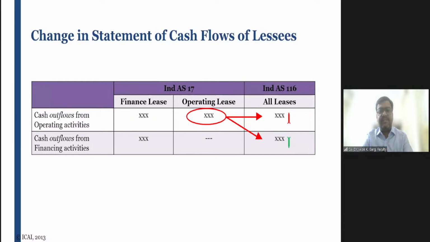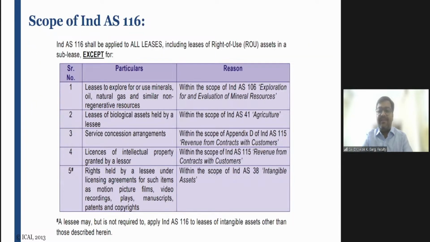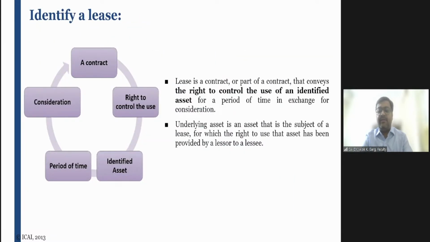Friends, then we discussed this standard, the title of which is Leases. What is meant by leases? For every lease contract, there must be 4 elements. Number 1, there must be a contract between two or more parties, known as lessor and lessee.